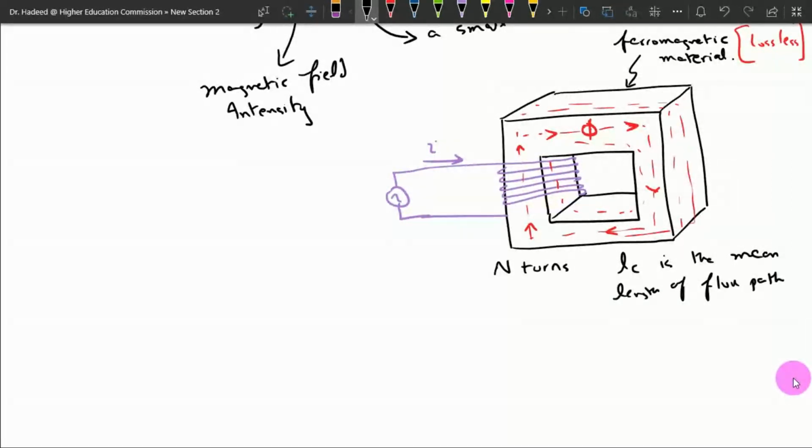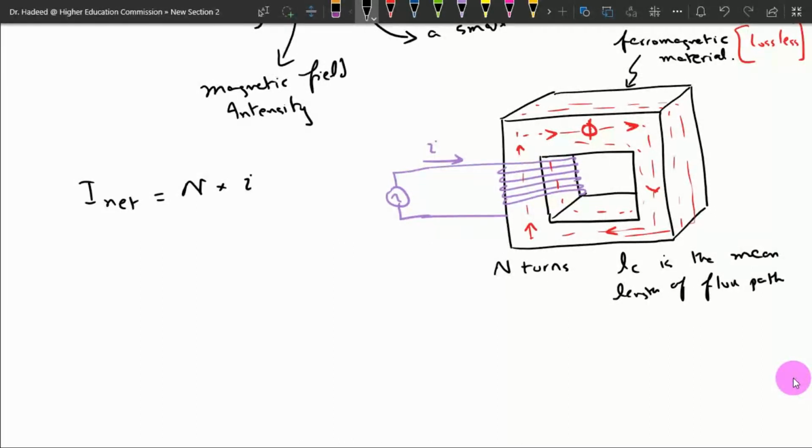So, the total current that is enclosed here is I net equals N into I, where N is the number of turns and I is this current. Why am I saying this? Because the current will only flow in the area where we have these N turns wrapped in this coil.